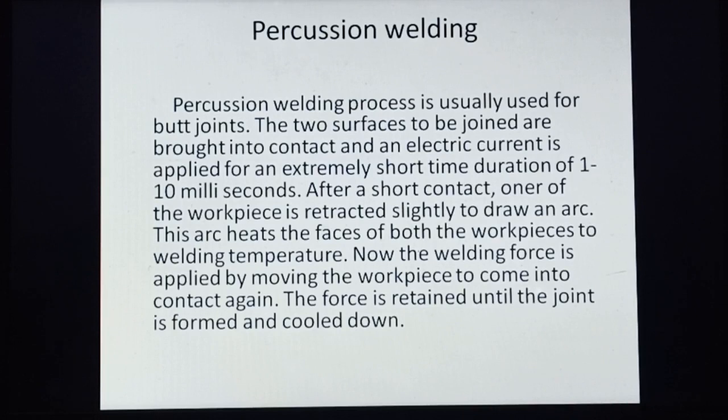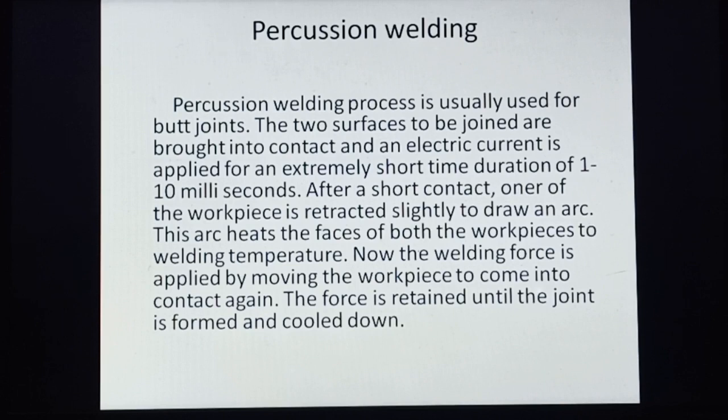Then the third one is percussion welding. The percussion welding process is usually used for butt joints, which we have already discussed. The two surfaces to be joined are brought into contact and an electric current is applied for an extremely short duration of 1 to 10 milliseconds.